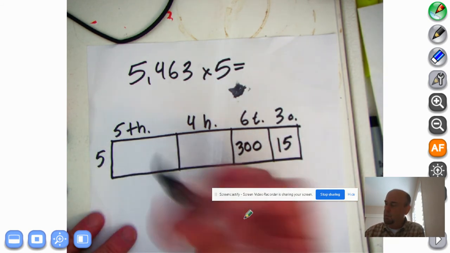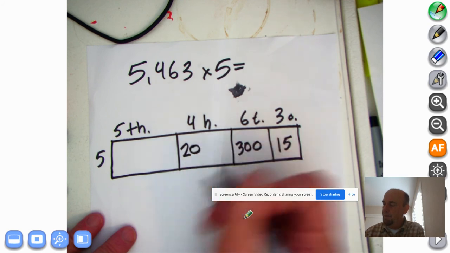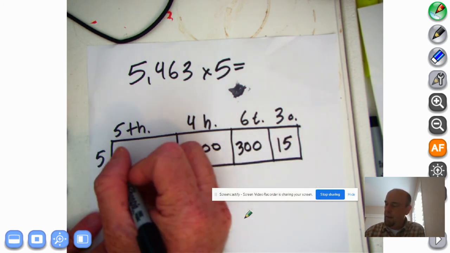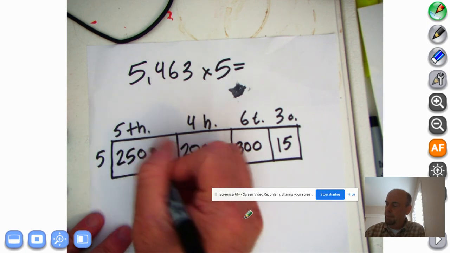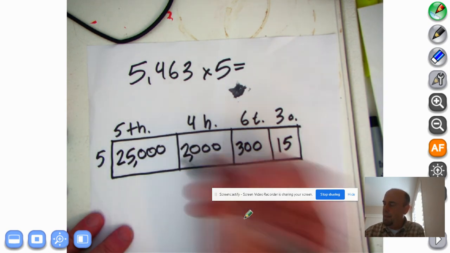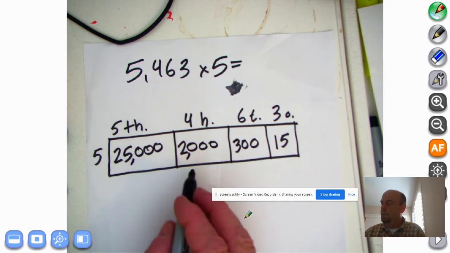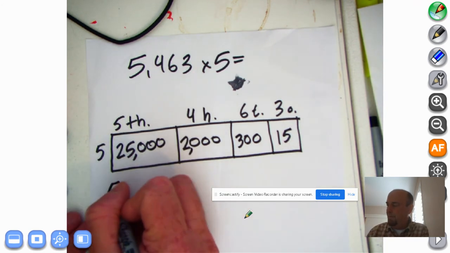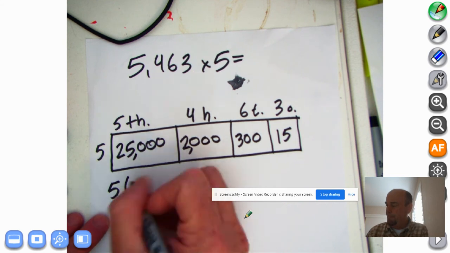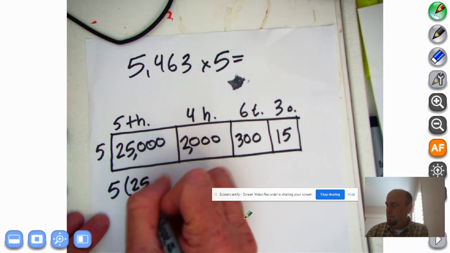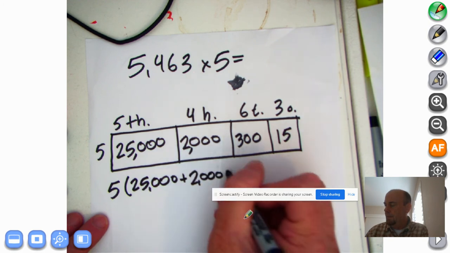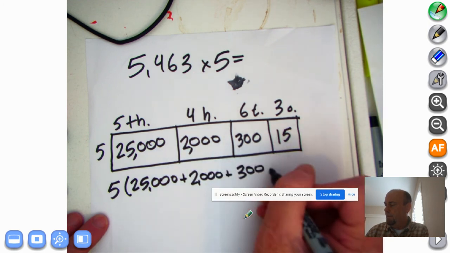5 times 4 is 20, but we're in the hundredths, so we add 2 zeros. 5 times 5,000 is 25, but we add 3 zeros because we're in the thousands. So we have 25,000, 2,315. So what this equals is 5 times 25,000 plus 2,000 plus 300 plus 15.